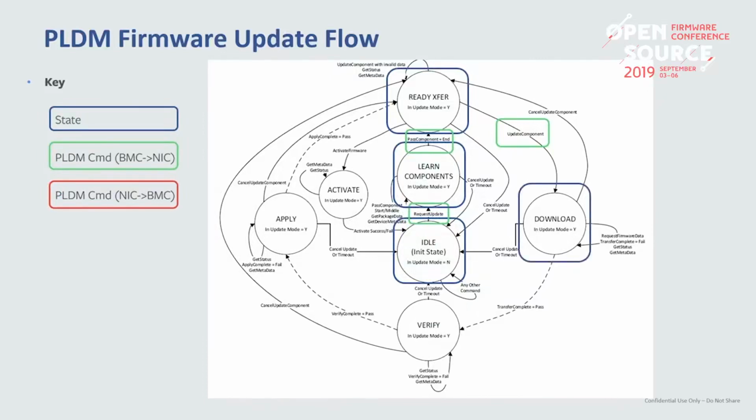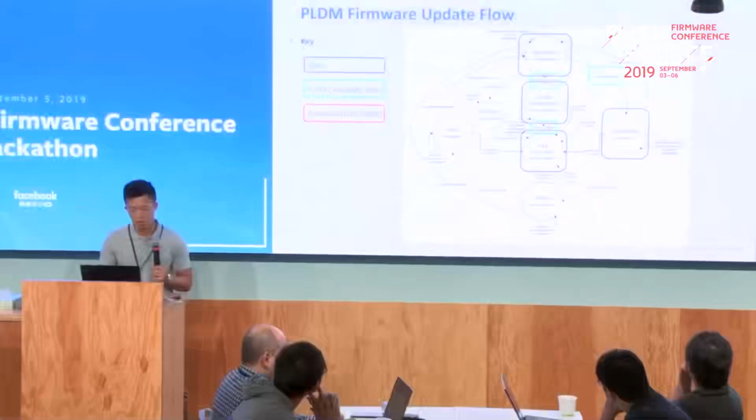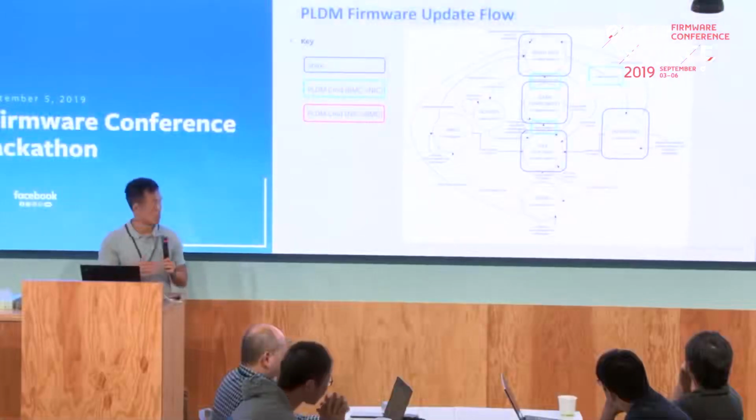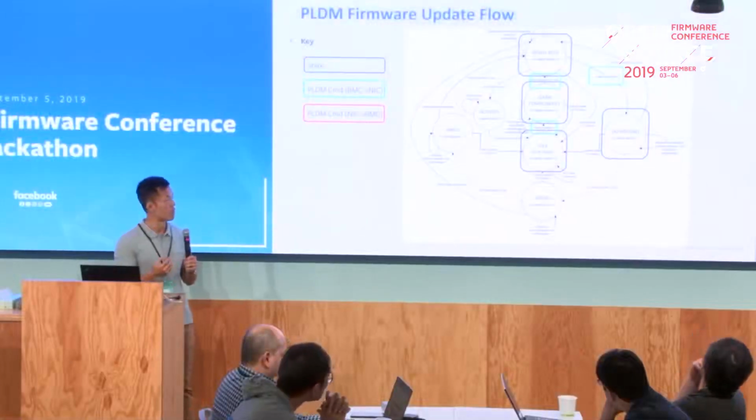Once we're in the download state, this is when the device takes over. Technically, BMC can still send a command at this stage to say cancel transfer, or there are some exceptions. But most of the time, once we reach this stage, BMC just listens. BMC waits for the device commands. In this case, we will have already agreed on the chunk size per transfer.